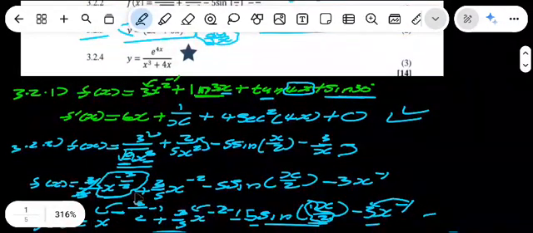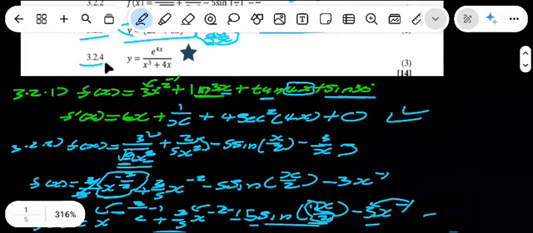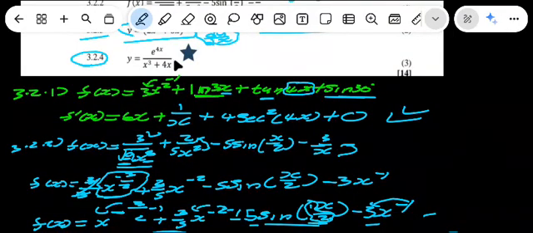So the last one is the quotient rule that you're supposed to apply here. Given y is equal to e raised to the power of 4x divided by x cubed plus 4.